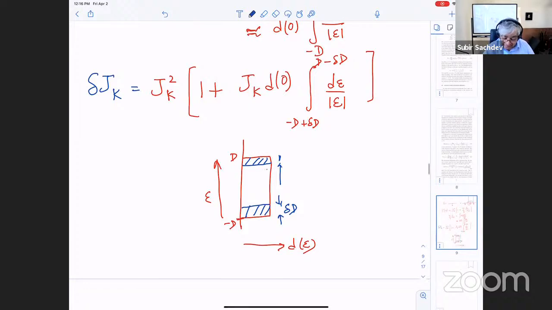Because the lower energy states already account for the fact that the high energy states got renormalized. The low energy states got renormalized by integrating out, or removing by canonical transformation, the high energy states.